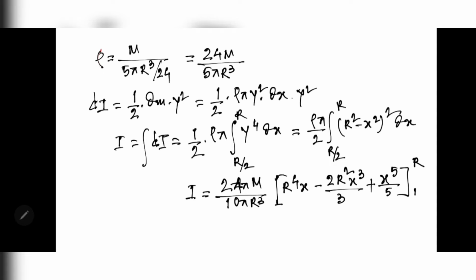Upper limit is r and lower limit is r by 2. Now solving this, we get I equals 53 by 200 into mr square. This is the moment of inertia of the segment of the solid sphere.